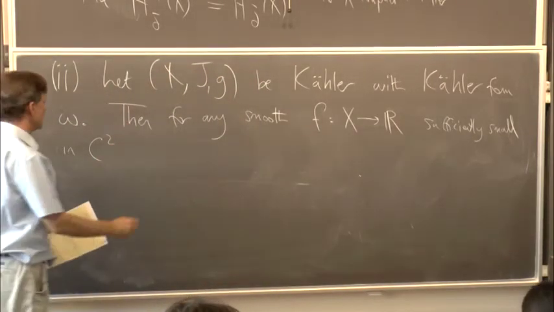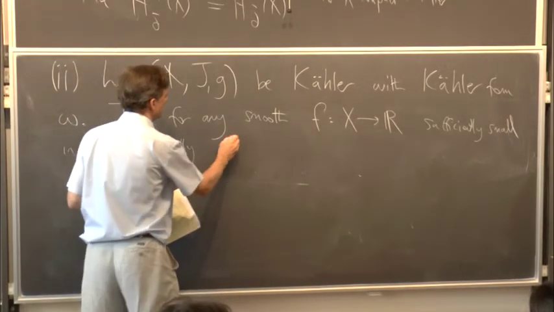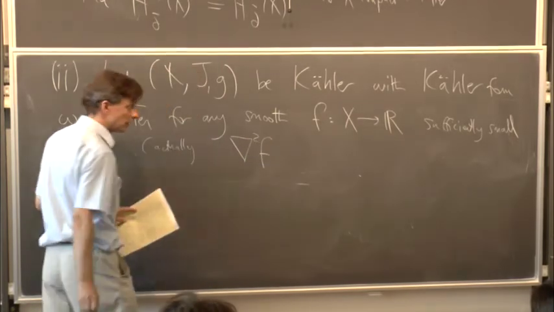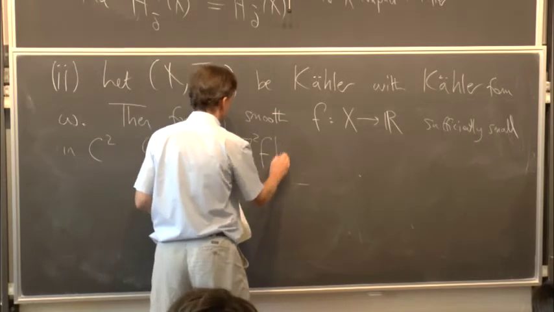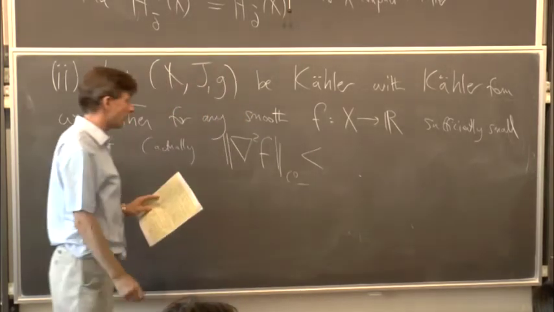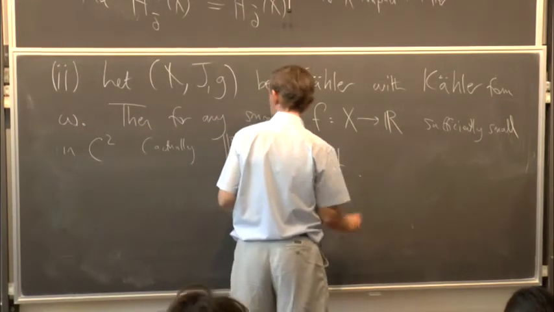Well, basically, if you take the second derivatives of f, the Levi-Civita connection, you take their C^0 norm, and if you make that less than some constant, maybe 1 or a half or something like that, that will do.